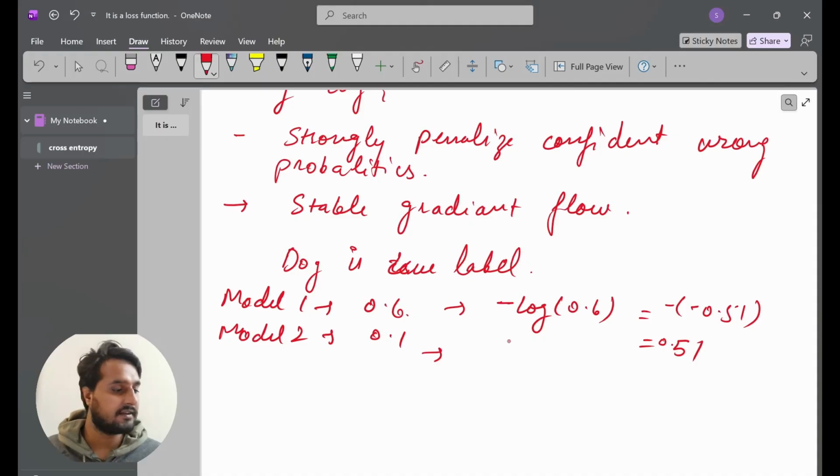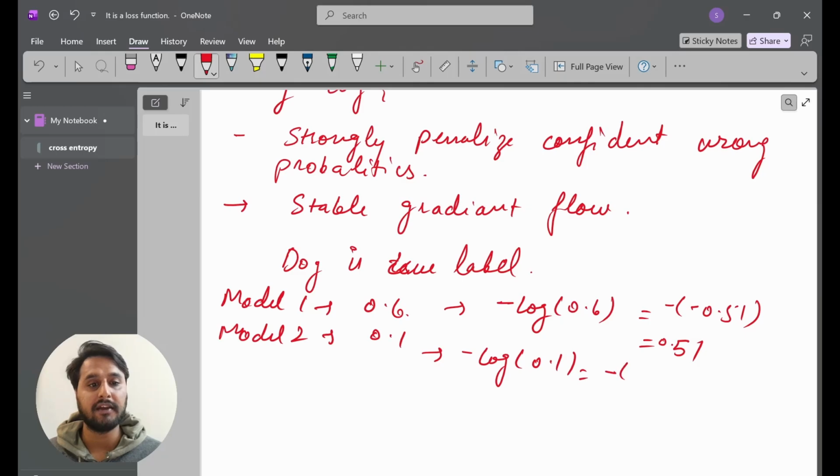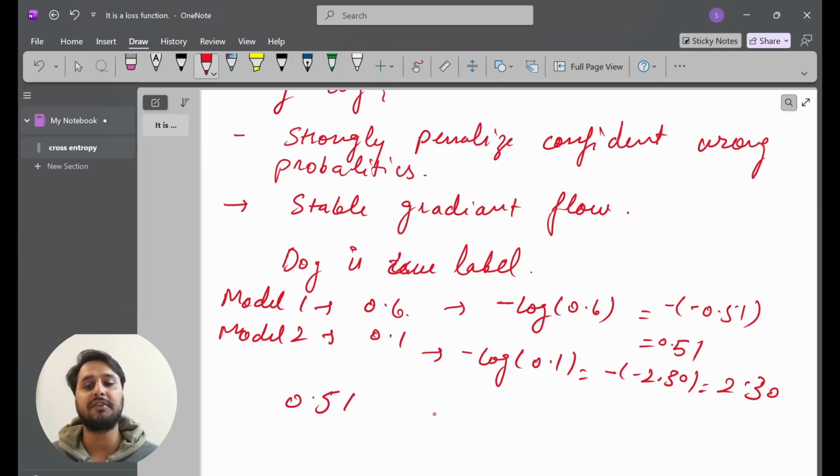Now for 0.1, minus log of 0.1 will give us minus of minus 2.30, that is 2.30. So now our model can see there is a huge difference between 0.51 and 2.30.